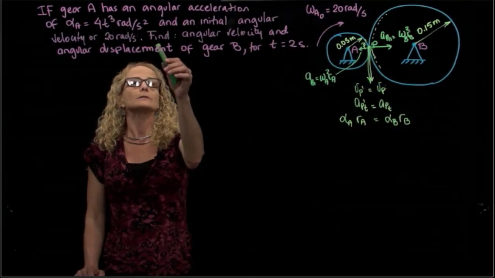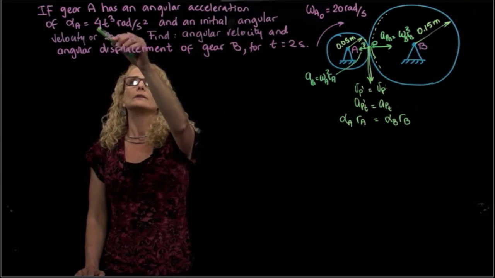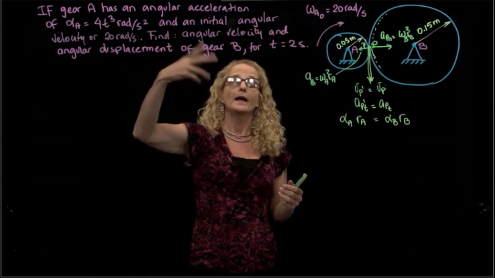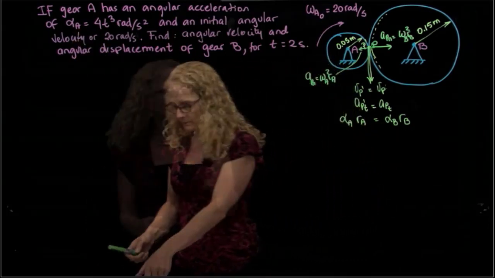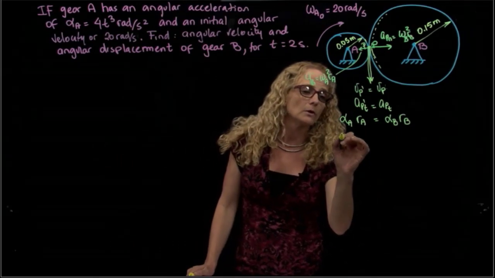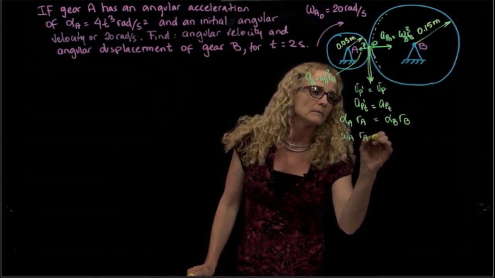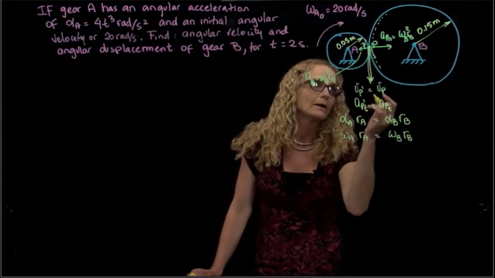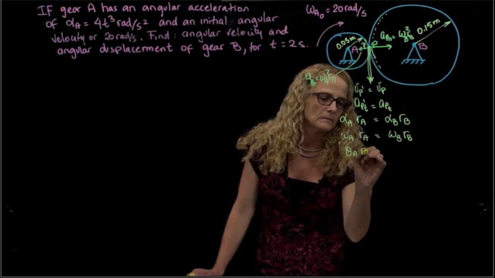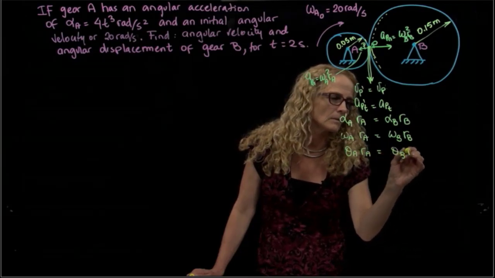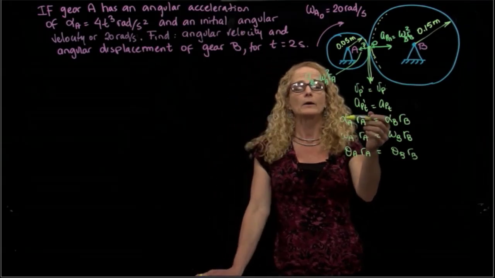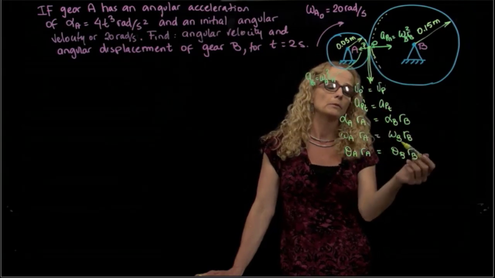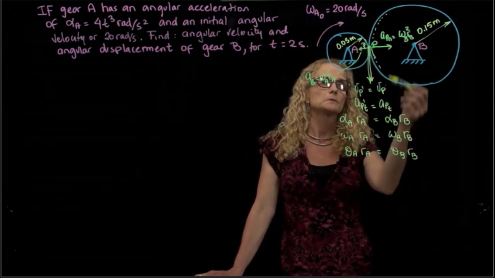Since we are asked to find angular velocity and we are given angular acceleration, we want to find the angular velocity of A to be able to relate it with B. Those expressions are also equal for angular velocity and for angular displacement. So if we find the angular velocity and angular displacement for gear A, we will be able to find them for gear B.